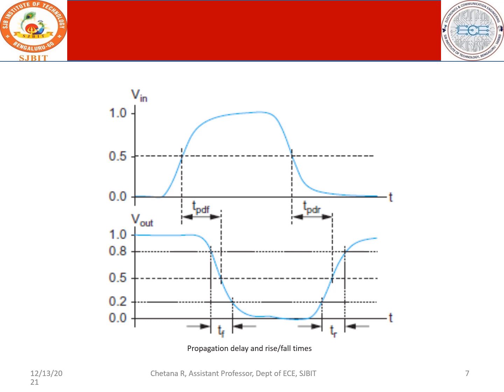Going from 50% of the input to 50% of the output is your propagation delay for rise time. And these are your rise times and fall times, 20% to 80%. 80% to 20% is your fall time, and 20% to 80% is your rise time.